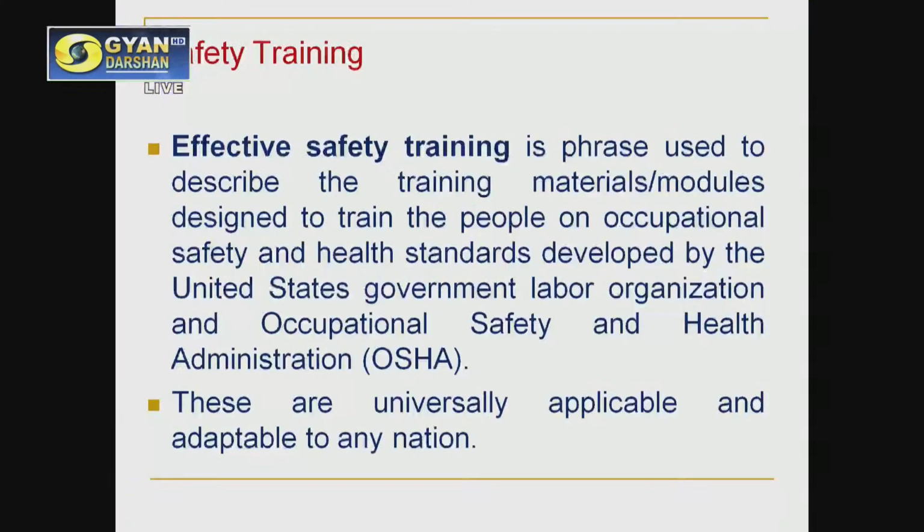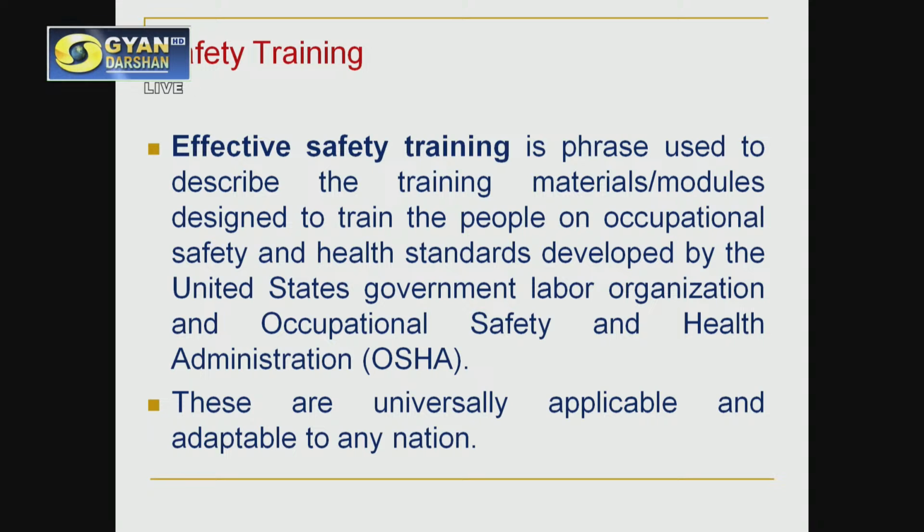The next pillar is safety training. Effective safety training provides important security for industrial safety, and is described through training materials or models designed by various experts in the industry.